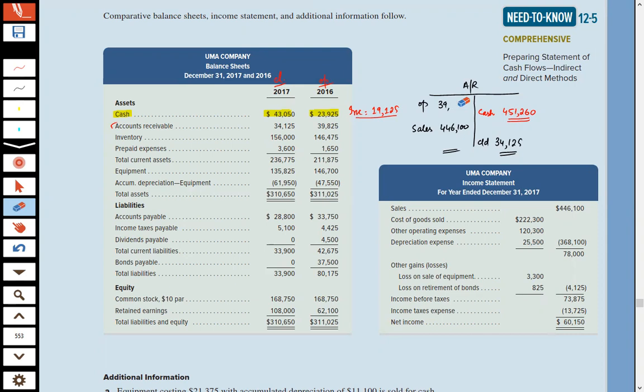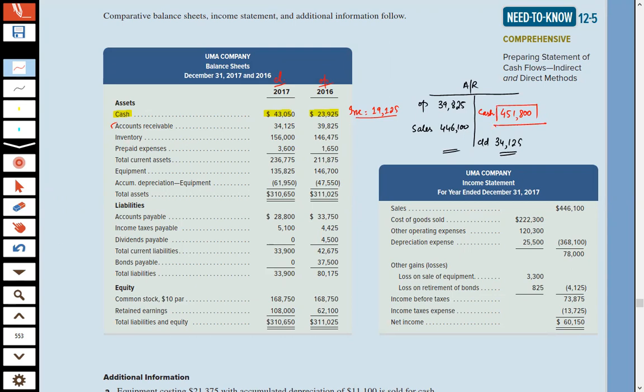This is not 285, it is 39,825. So resultantly, this amount will also change if we recalculate it. It is 39,825 plus 446,100 minus 34,125. It will be 451,800. Done. So this amount will be shown in the balance sheet, sorry, cash flow statement of operating activities under the direct method.